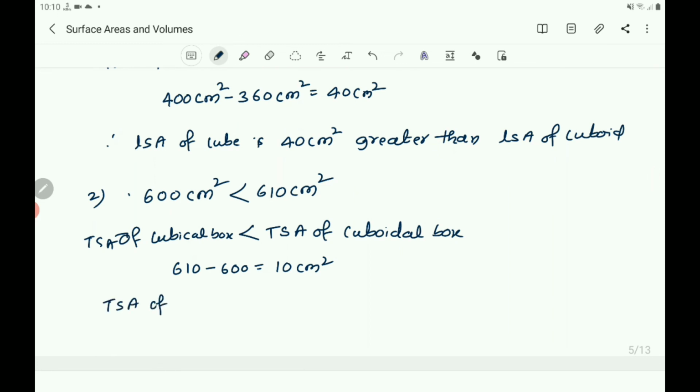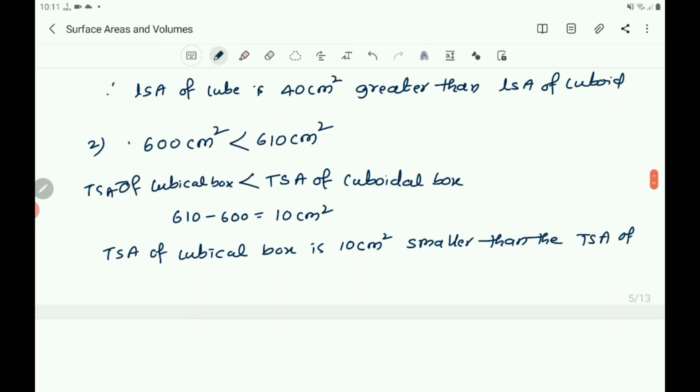TSA of cubical box is 10 cm square smaller than the TSA of cuboidal box.